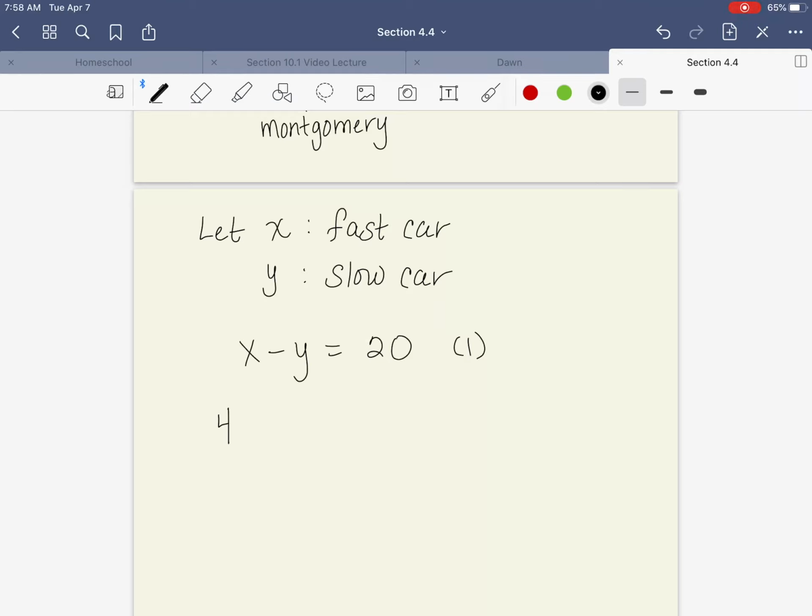The distance is 400. And then the rate of the two cars. So we'll add those together.